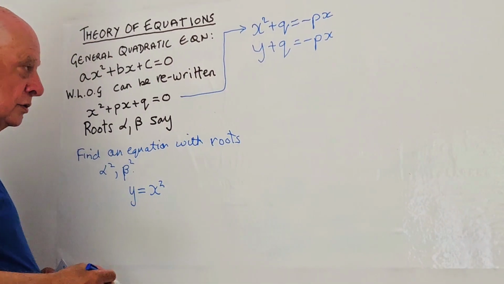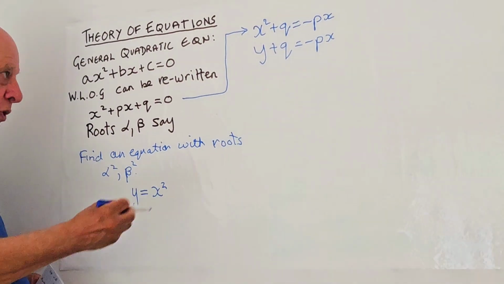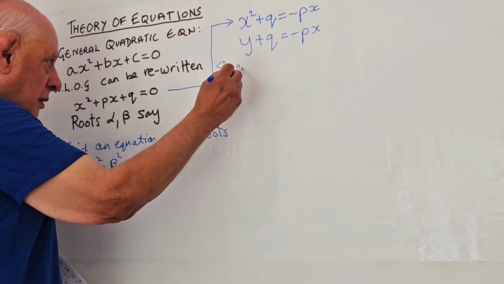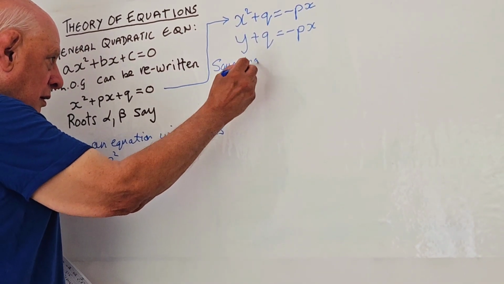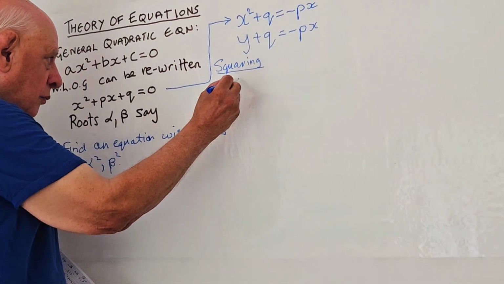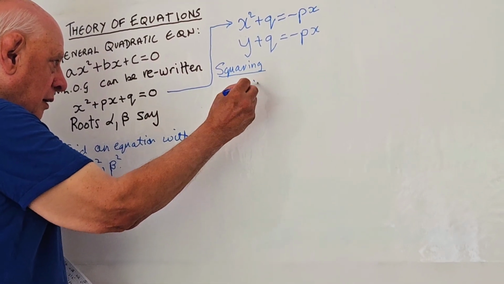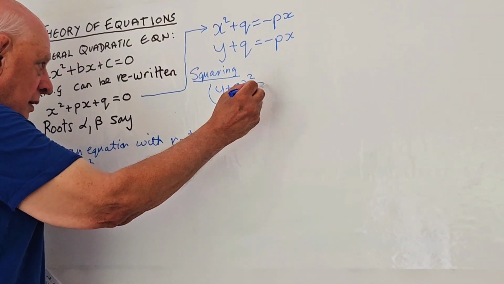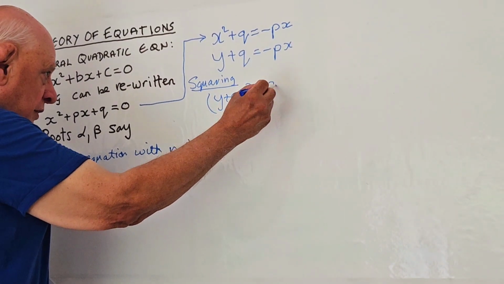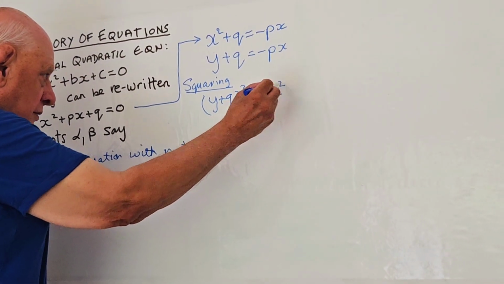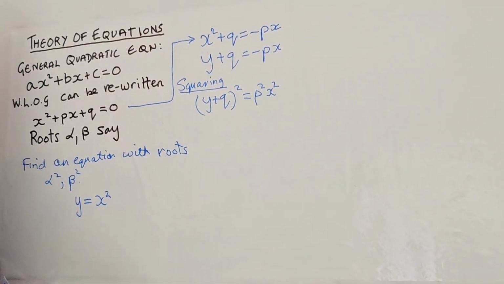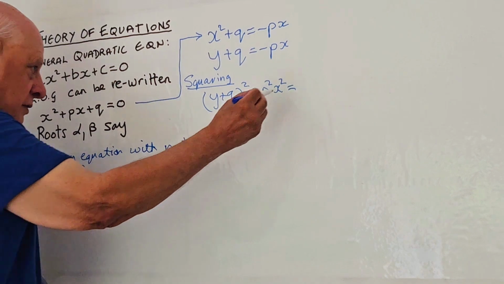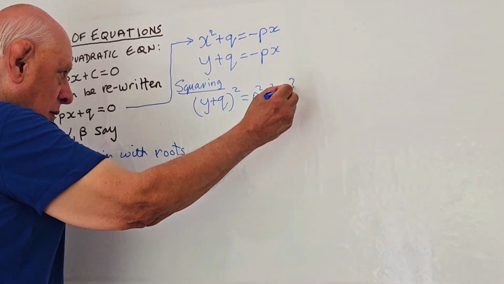The next thing to do is to square both sides. We've got y plus q all squared equals p squared x squared. And remember, x squared is y, so that is p squared y.